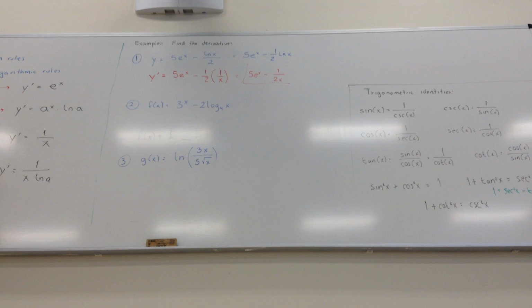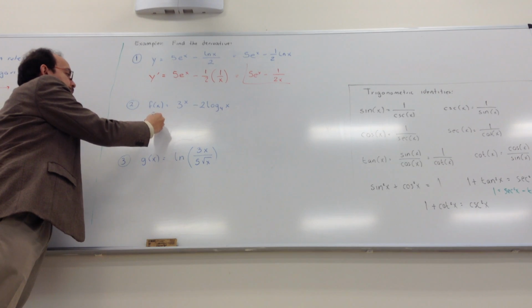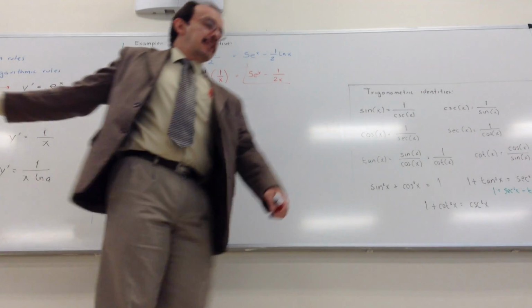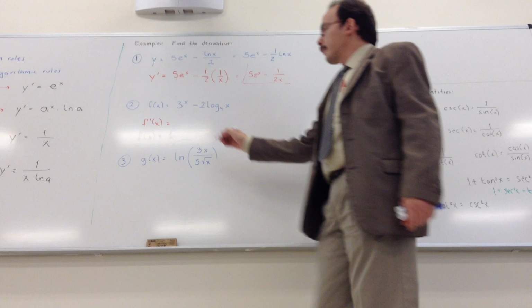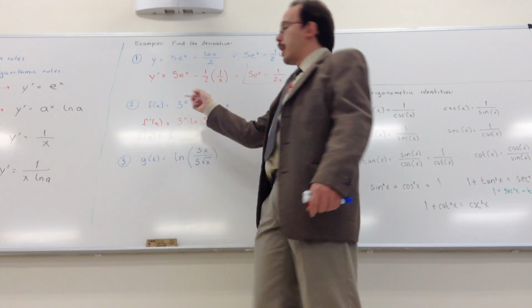Good. Number 2. Do I need to rewrite? No. f prime of x. The derivative of 3 to the x is 3 to the x ln of 3, where a is 3, the base.